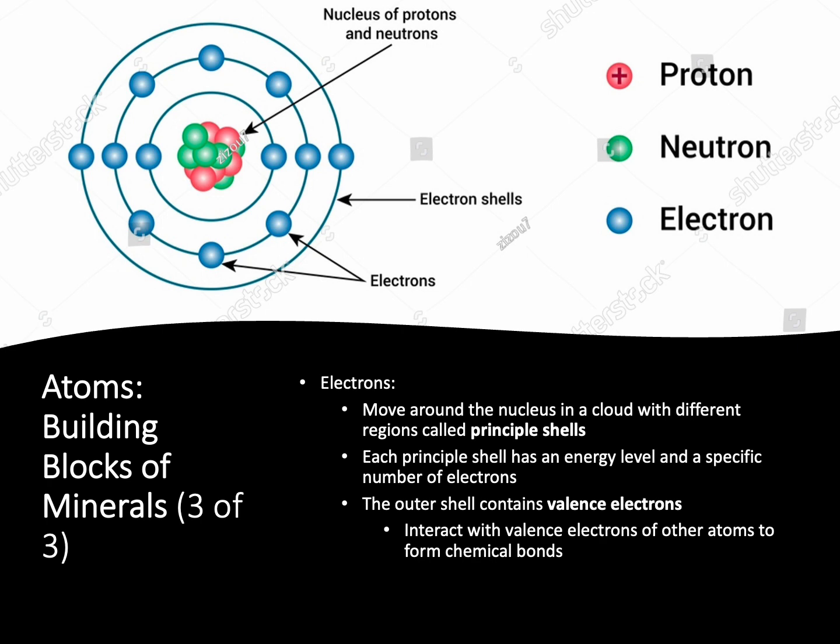And this outermost shell, again called our valence electrons, wants to get up to 8 electrons within that cloud. And in order to get that number of 8, it's going to interact with the other valence electrons of other atoms and start forming chemical bonds, or just attaching to other atoms to build bigger and bigger particles.